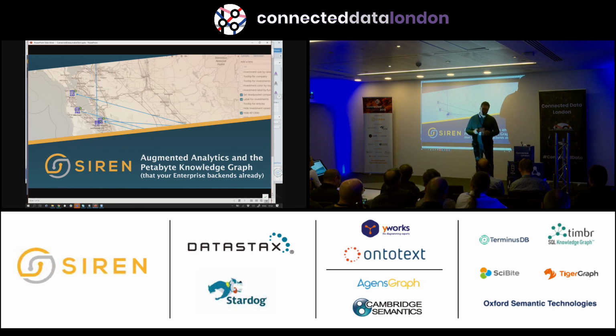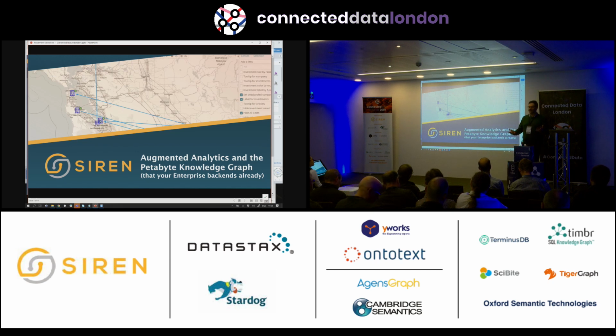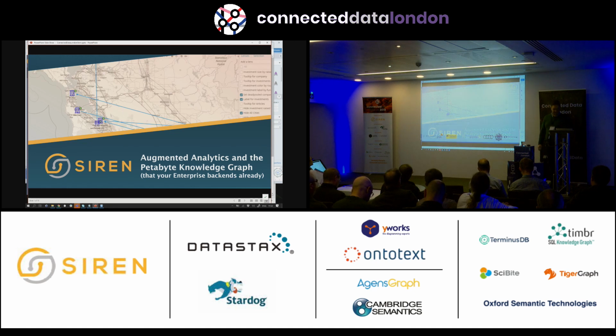The answer is a polyglot system, an analytics system that can show you everything as a graph without you necessarily having everything immediately in a graph database. So that's what we're discussing here. What is augmented analytics? I hope some ideas are interesting to you, because this is new terminology. Let me show you that and how you get a petabyte knowledge graph in your backends already.